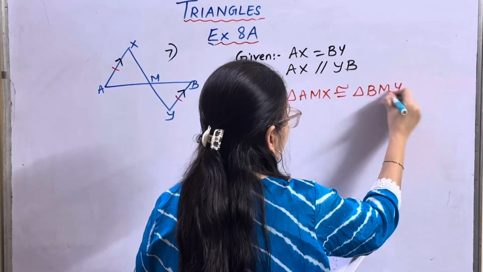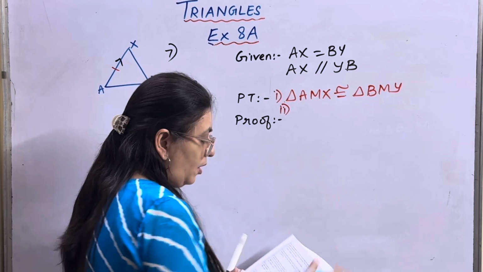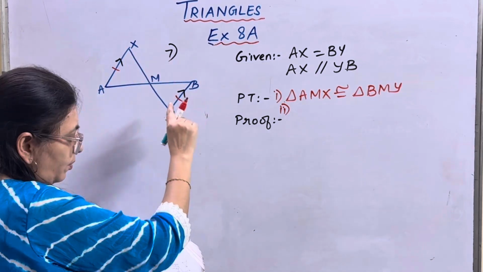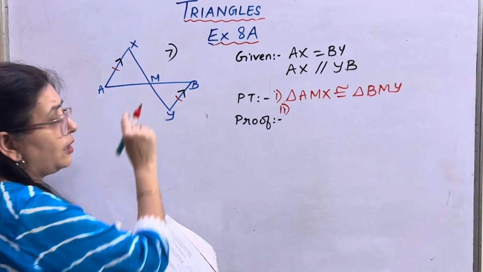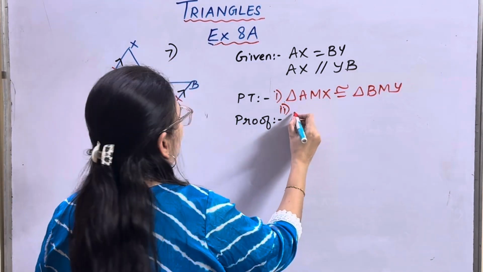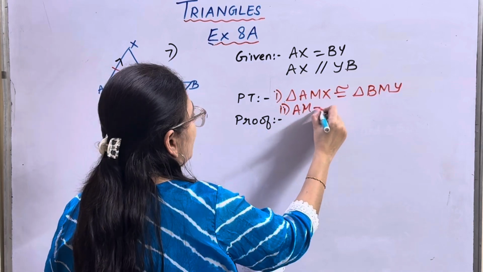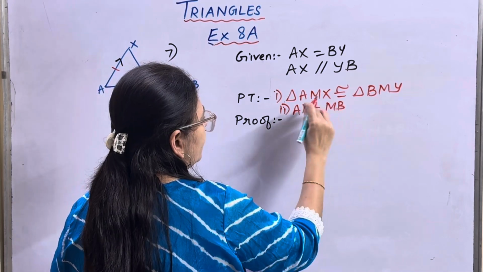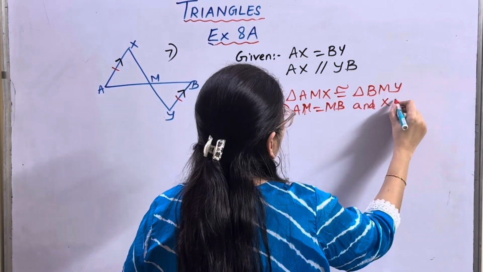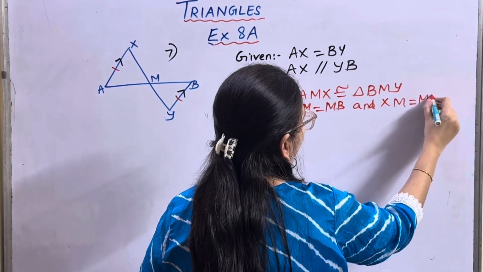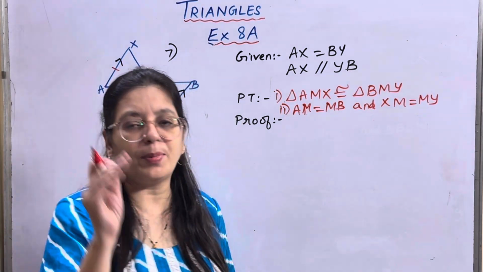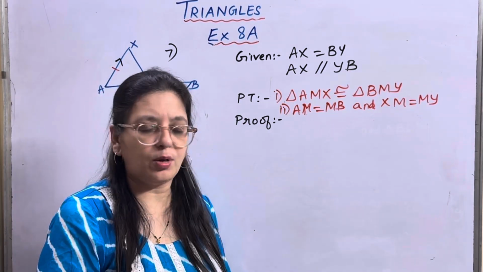This you have to prove. Second, AB and XY intersect each other at M. So what does it mean? It means that you have to prove AM is equal to MB and XM is equal to MY. It bisects. Bisect means dividing into equal halves.